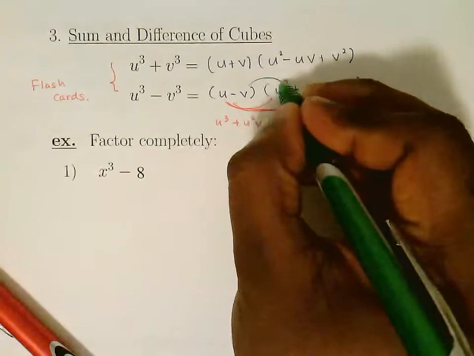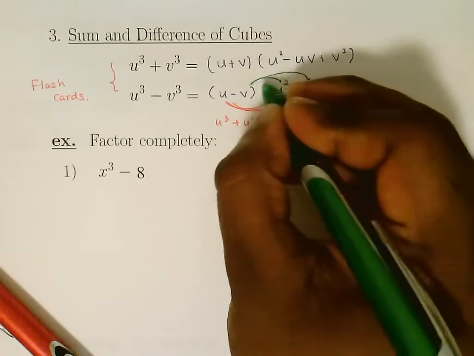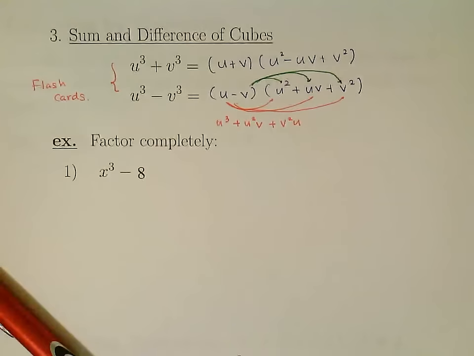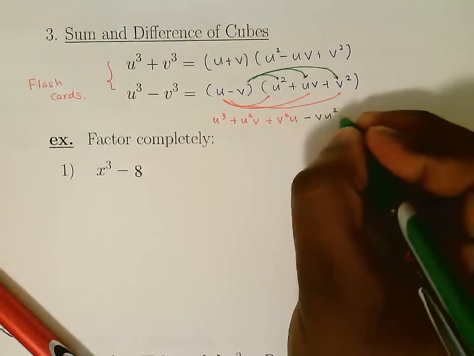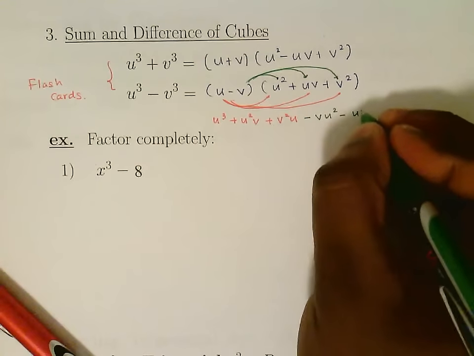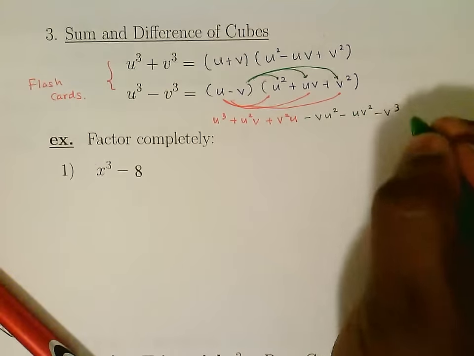And along the green lines, minus vu squared minus uv squared minus v cubed.